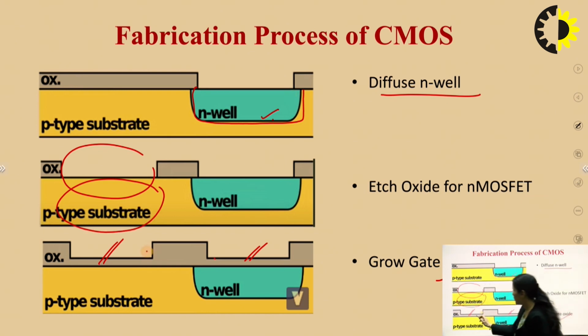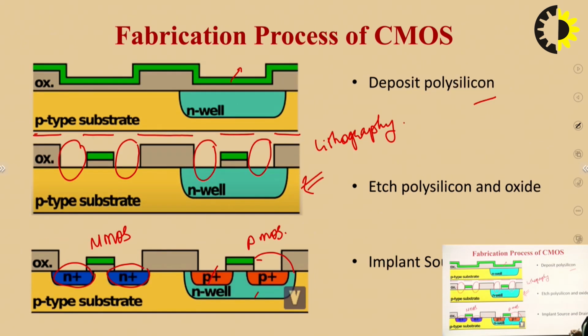So here we are patterning so that the drains and sources can be created in each of the P MOSFET and N MOSFET devices. This is how the source and the drains are created using the mask and the patterning schemes. For N MOSFET, N-type impurities have been diffused here.